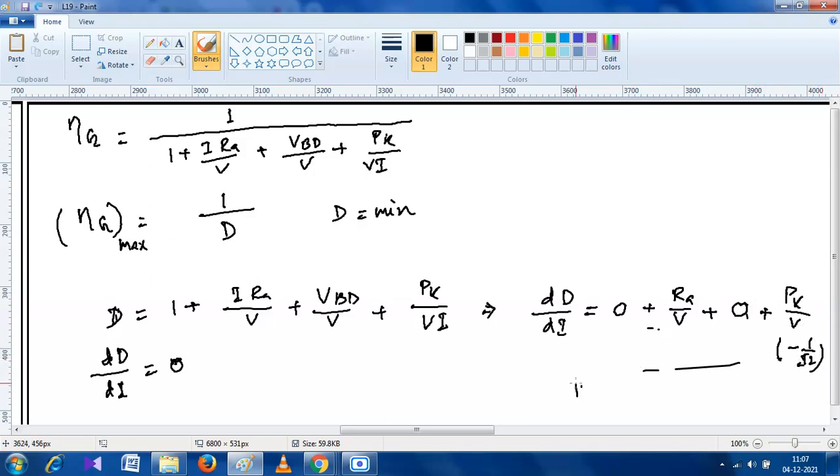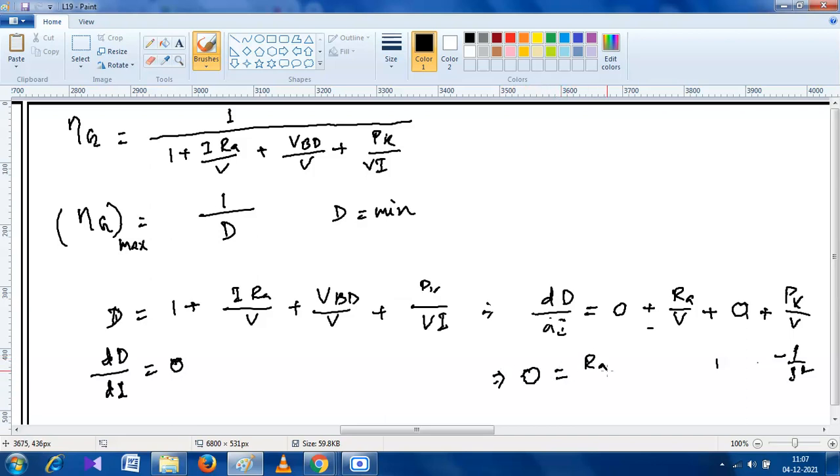And to get the minimum value, we know that our condition is that this should be 0.